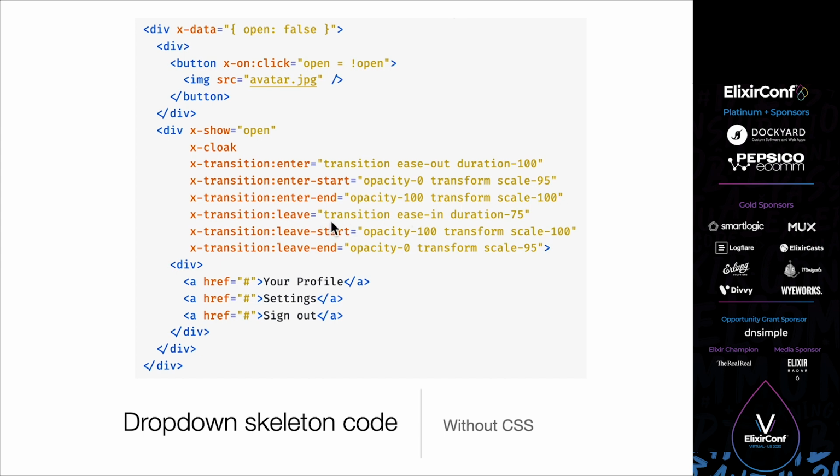On the leave transition, we use the ease in timing function and a duration of 75 milliseconds. And we transition the opacity from 100 to 0 and the scale from 100 to 95%. So we have a nice fade out with a little bit of movement. And here's the drop-down itself, which will be shown and hidden based on x-show.